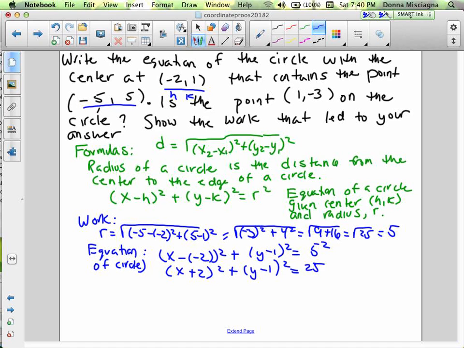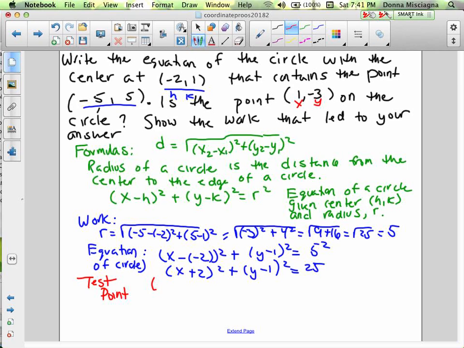All right, and now we're going to do the last part, which is to test the point in the circle. If we get a true statement, that point is on the circle. All you've got to do is plug in 1 for x and -3 for y.